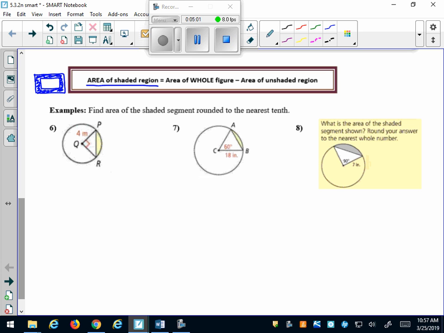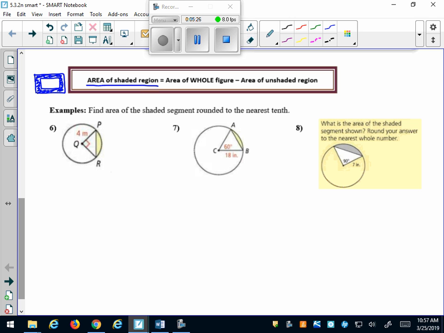Now, here's the trick of it. If they ask you to leave your answer in exact form, that's when it gets a little complicated, right? I am going to accept exact or decimal. So that makes the process a lot easier. If you can do it as a decimal, it makes it a lot easier.